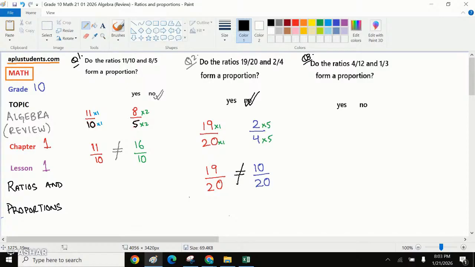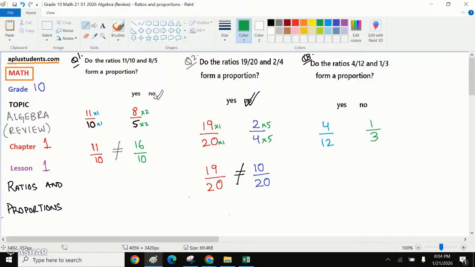Let's see. If the first number given was 4 upon 12 and the second number given was 1 upon 3, what we can see is their denominators are different. So we would try to make a common denominator.